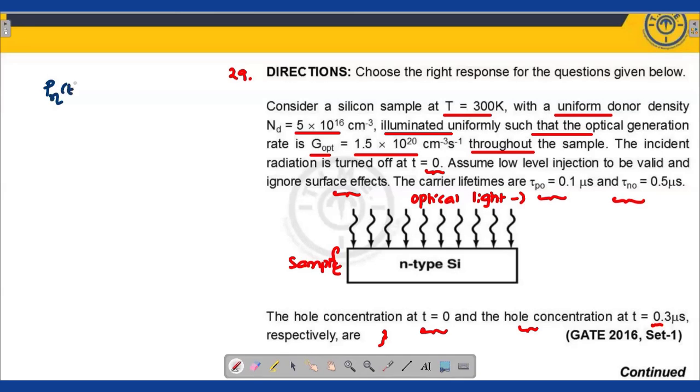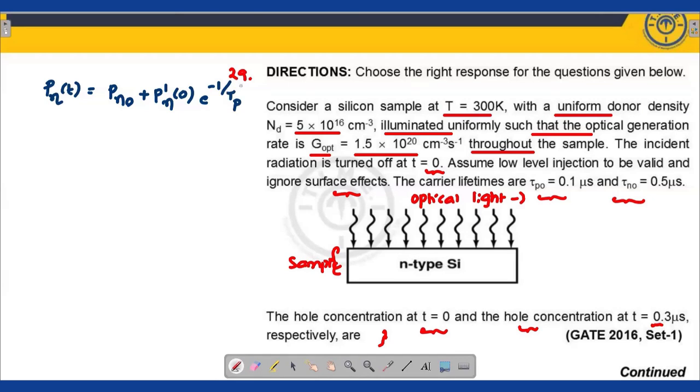So in that, what I am going to do is very important here. Pn of t is equal to P dash. This is the expression. Already we have done this particular expression, 1 by tau p here.